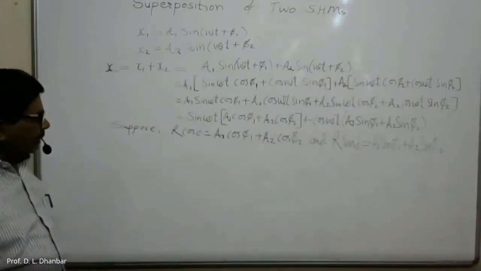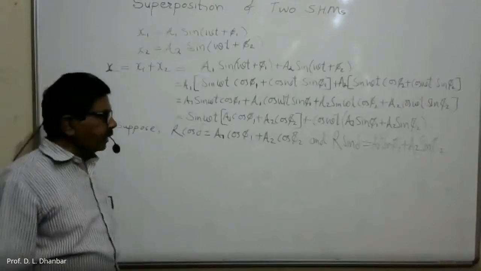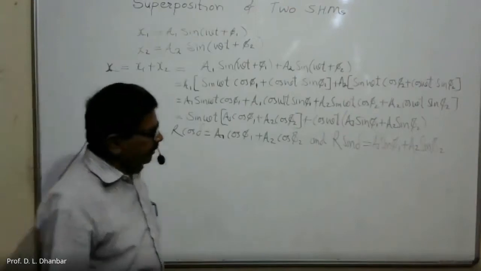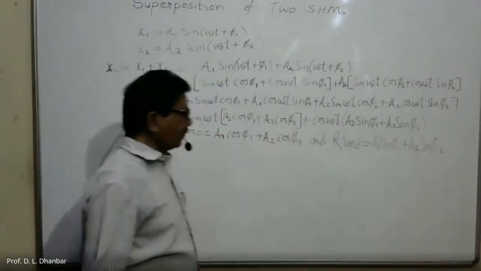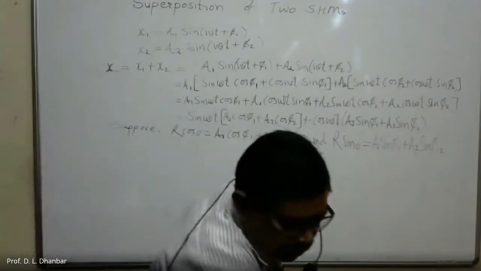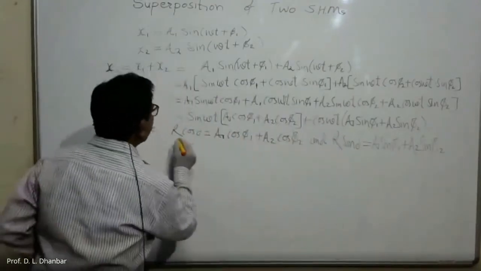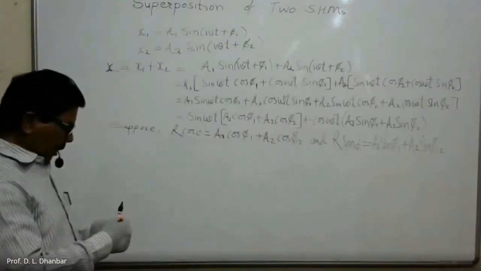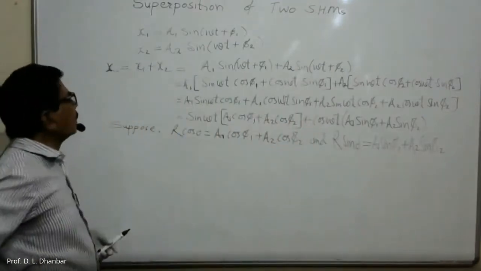So r cos delta is equal to a1 cos phi 1 plus a2 cos phi 2, and r sin delta is equal to a1 sin phi 1 plus a2 sin phi 2. Now if you substitute r cos delta and r sin delta in this equation, then what will you get?